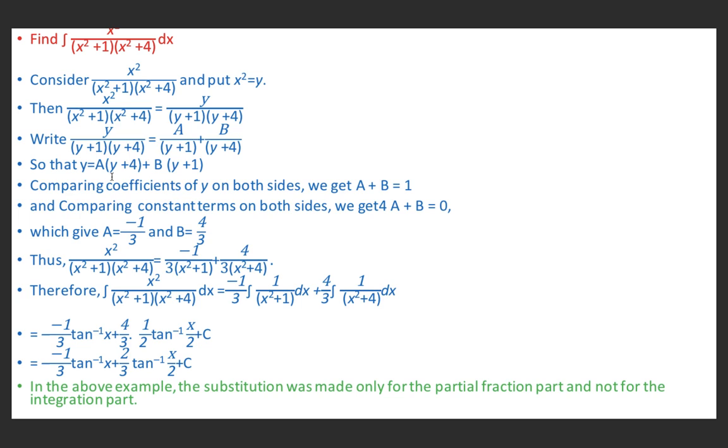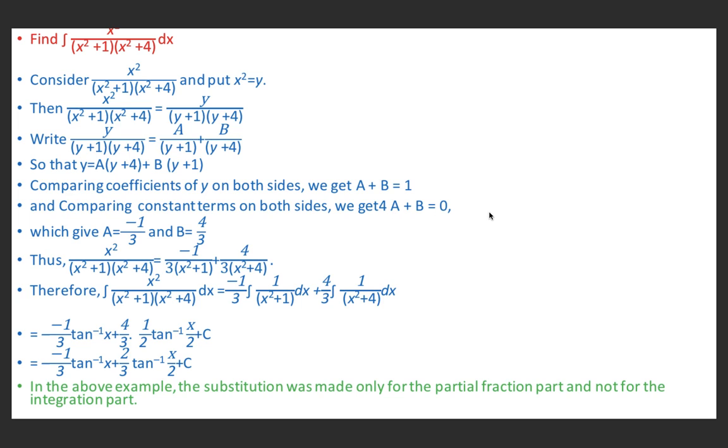Now we compare the constant terms on both sides. Here we don't have any constant term, so we write 0. This side we have 4 here, so 4 into a is 4a. Here we have 1, 1 into b is b, so 4a plus b equal to 0.